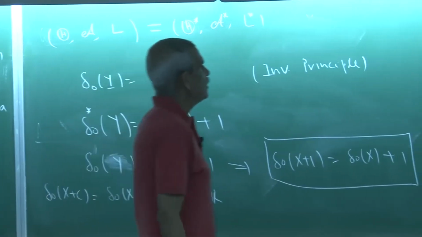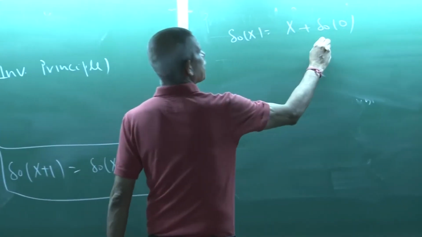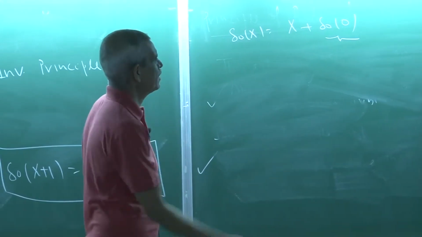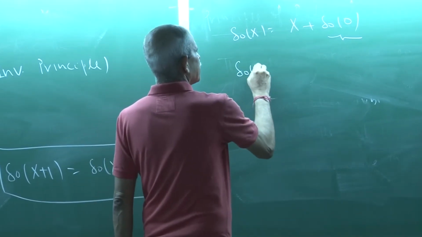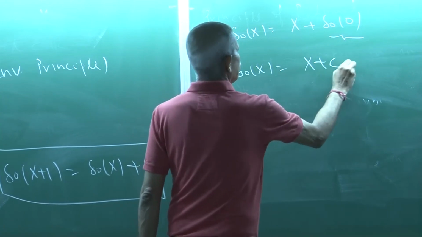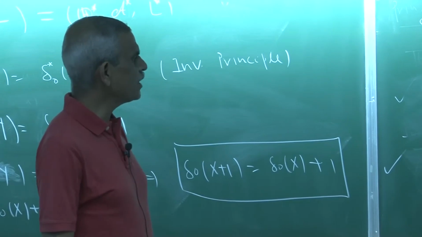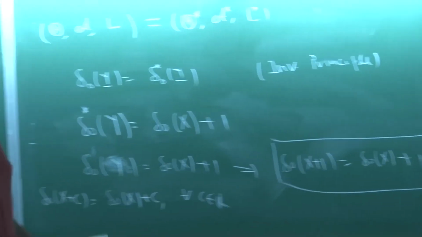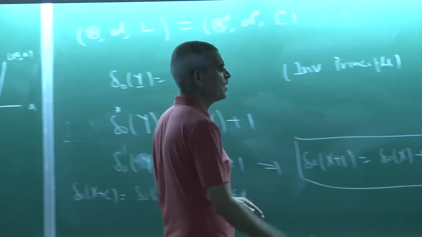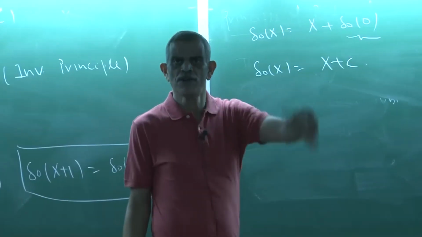So what do you get? That means this would be some constant, delta naught may vary, so delta naught of x is equal to x plus c. There may be some constant. So what it says is, I should only consider those estimators which are of the type x plus some constant c.